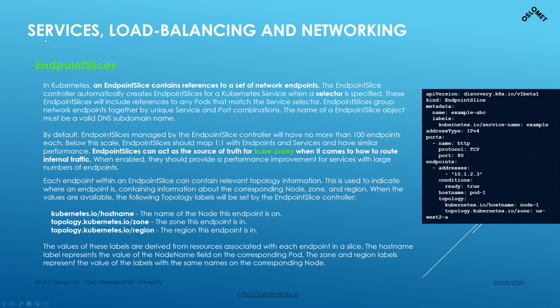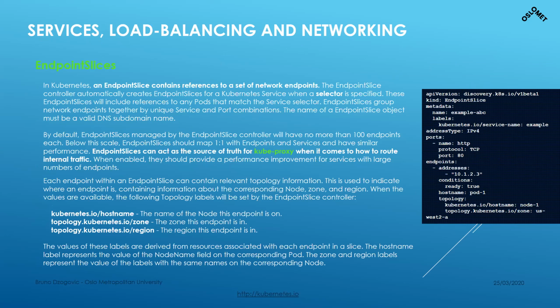Now I'll talk a little bit about services, load balancing, and also networking, because these usually go together. Like we talked about Docker and load balancing before, if you remember. In order to achieve connection load balancing between pods and containers, you need to have a specified set of network endpoints.